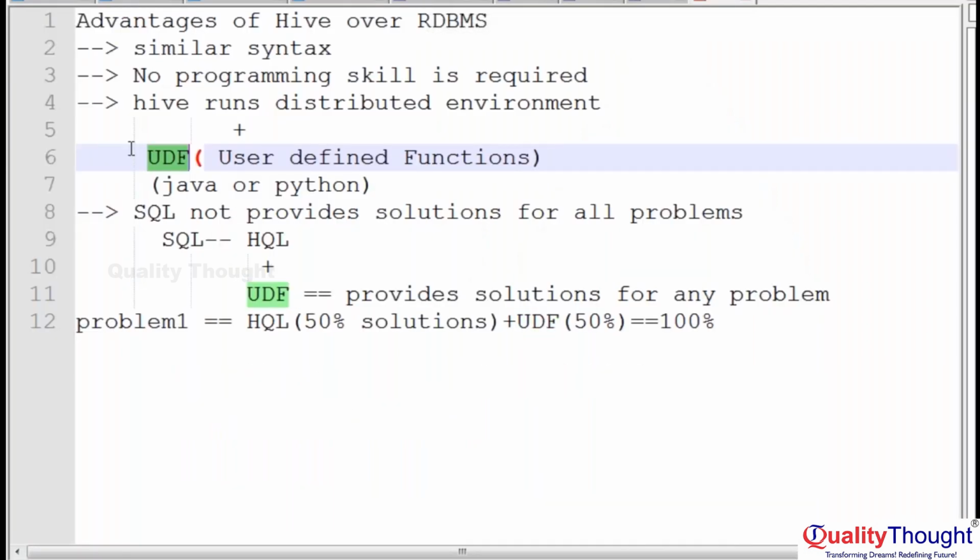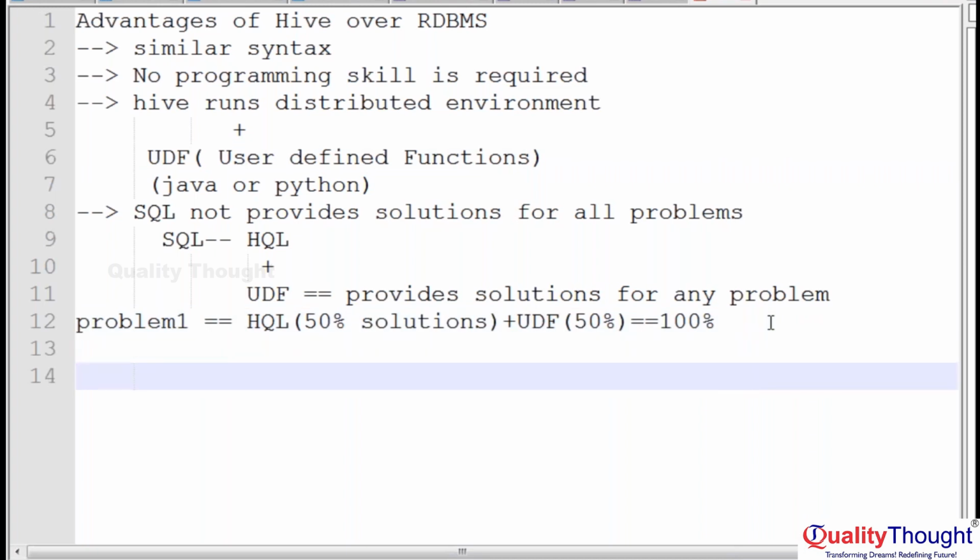This feature is not available in SQL. SQL is a combination of 5 sub languages: DDL, DML, DRL, TCL, DCL.